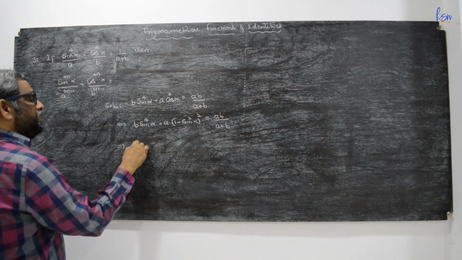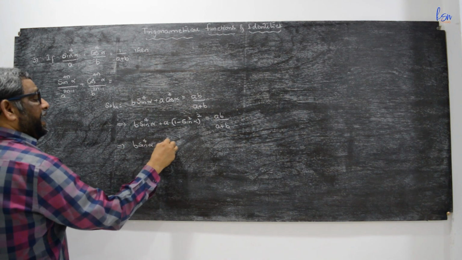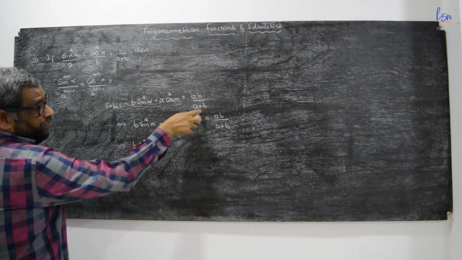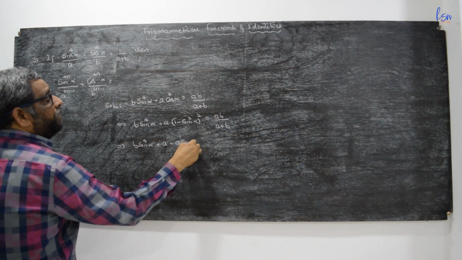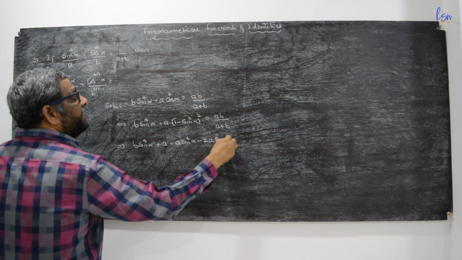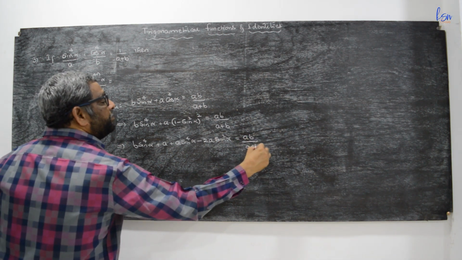So this is b sin to the power of 4 alpha plus a into 1 minus sin square alpha whole square, that is a sin to the power of 4 alpha minus 2a sin square alpha plus a, is equal to ab by a plus b.